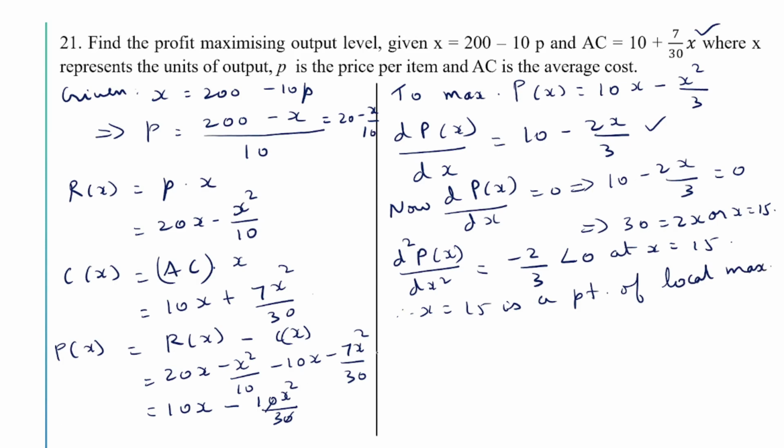So we are asked to find the profit maximizing output level. So this is the point where the profit is maximum. Therefore, the required output level is equal to 15 units.